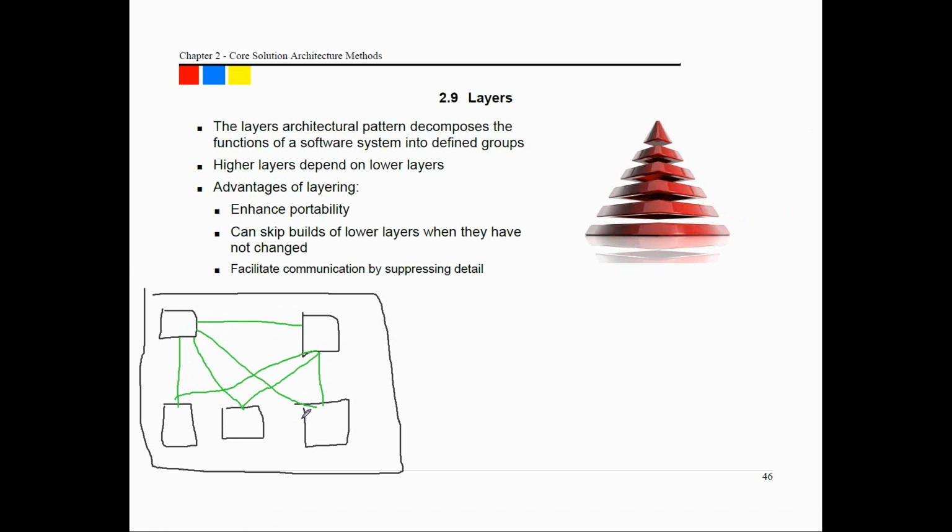And this component is going to need a connection to this one and then to this one. And we already have a connection to that one. And then this one has a connection to this component. And the net result is that we end up with a lot of connections between components.